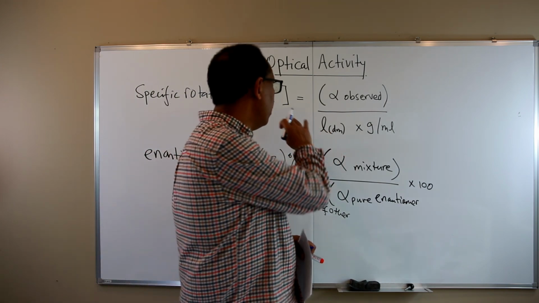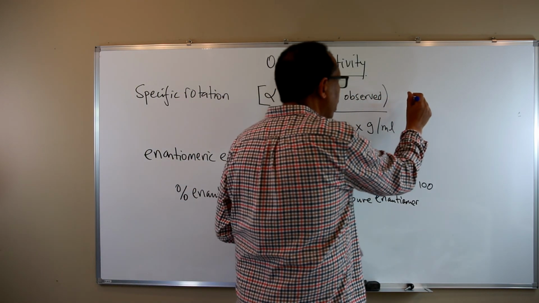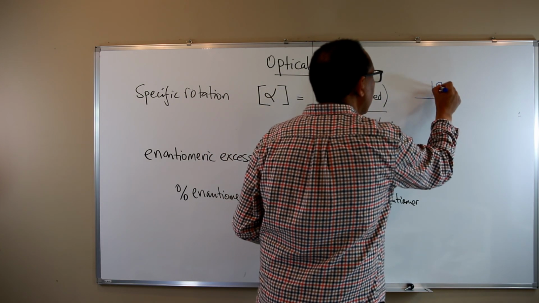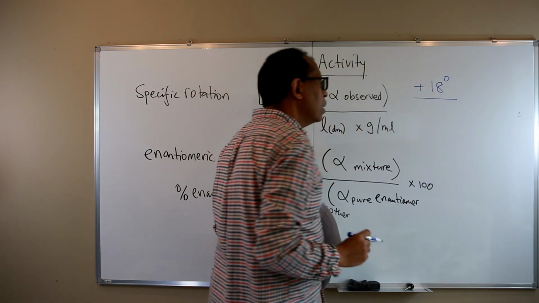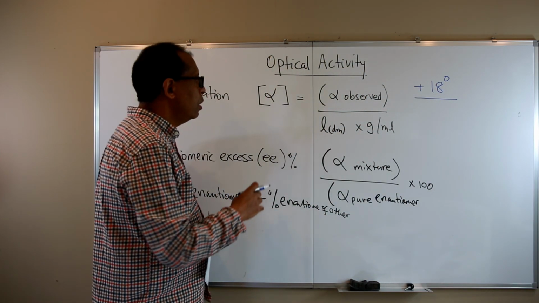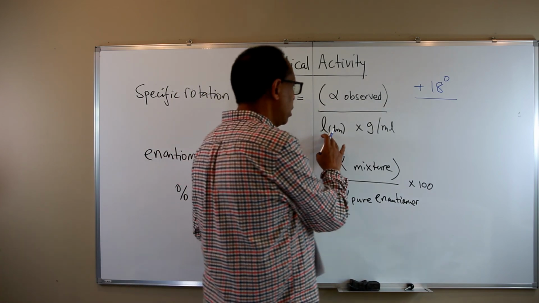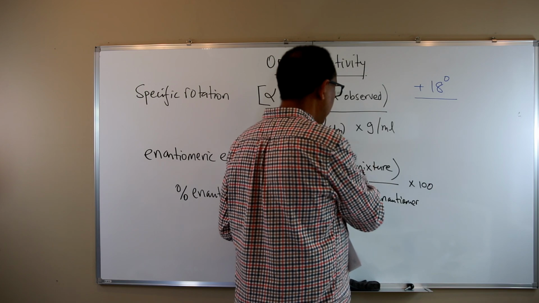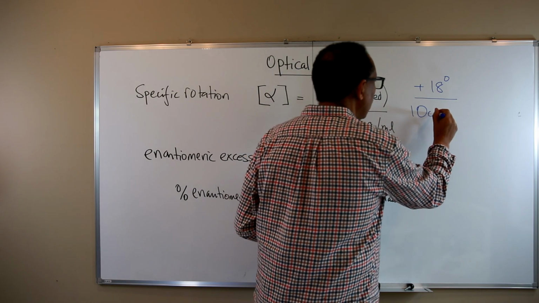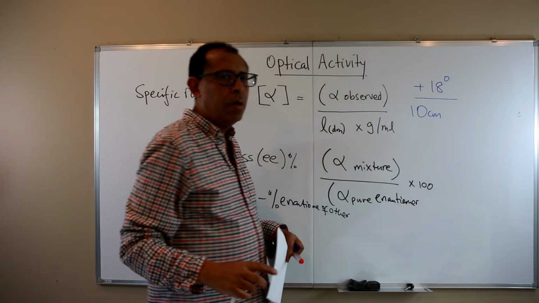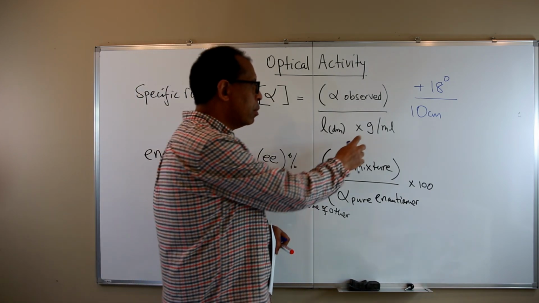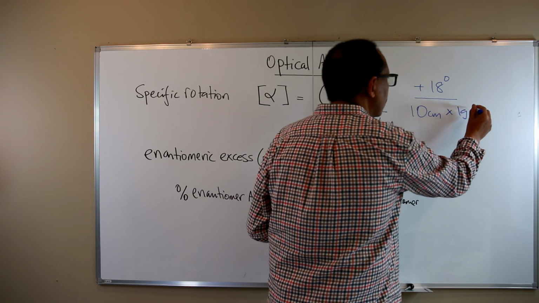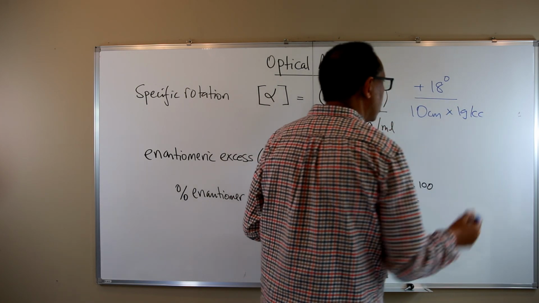So for example, if you have a sample where the observed rotation is, say, plus 18 degrees, that's just an example, and you measured it in a 1 decimeter cell, which is 10 centimeters, and let's say your concentration is 1 gram per cc, or 1 gram per ml, per cubic centimeter.